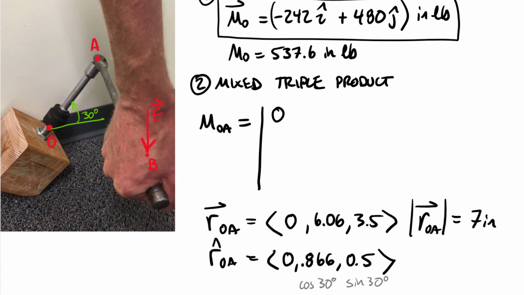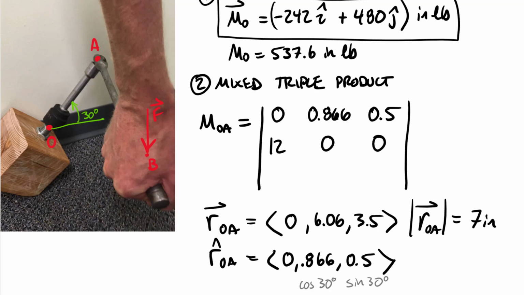So we're going to put this unit vector in the top: 0, 0.866, and 0.5. Now for a position vector, I could use the exact same one I used for my moment about point O, going from my axes of interest to my point. But I could also, as an even simpler one, go from A to B. So from A to B, this is going to be 12, 0, 0.